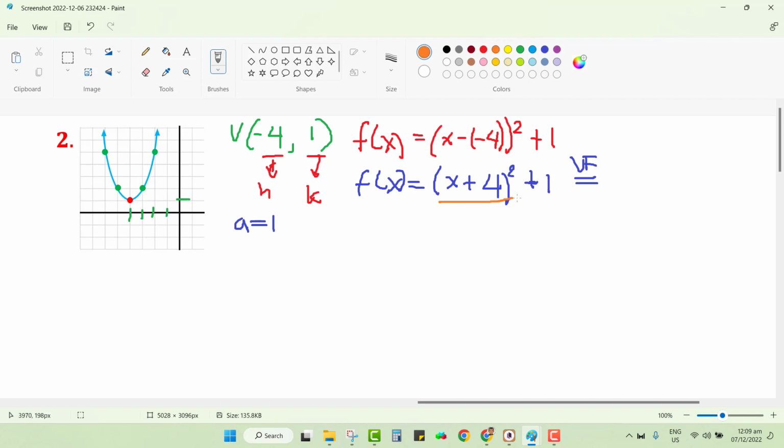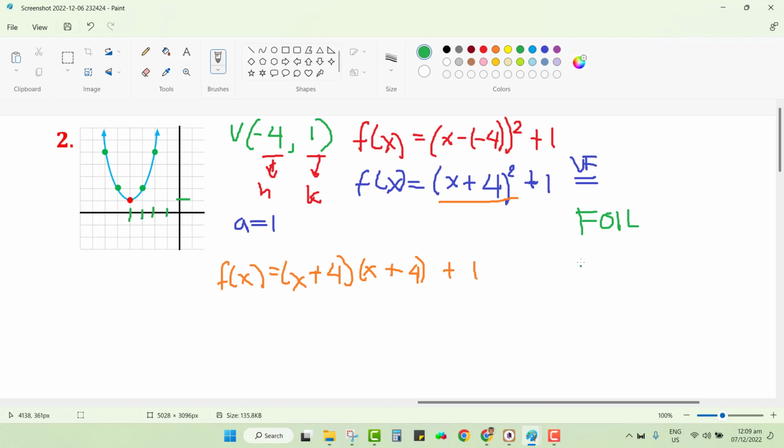In squaring the binomial, we will be using the FOIL method, because it will be written like this. f of x is the result when we multiply x plus 4 by itself, as the square is referring to, and then plus 1, the additional term outside.